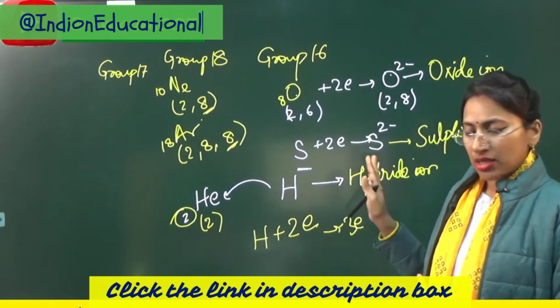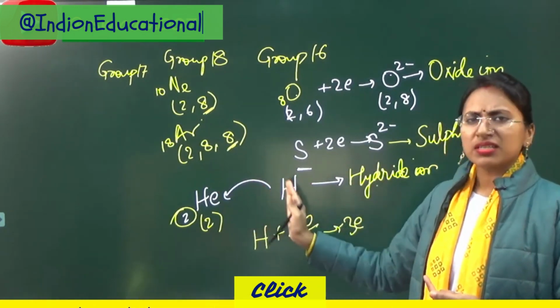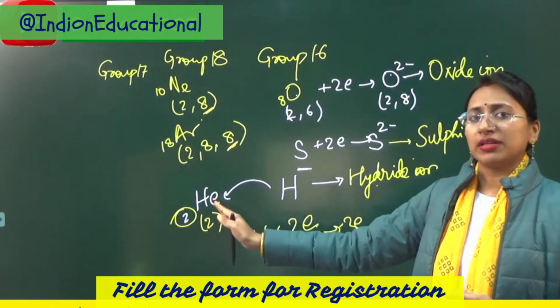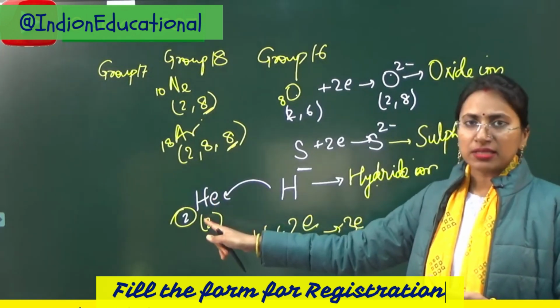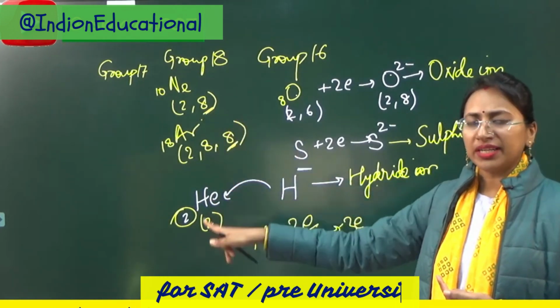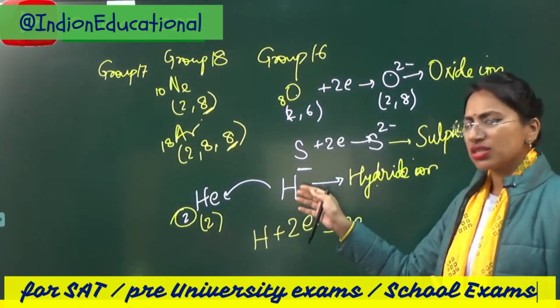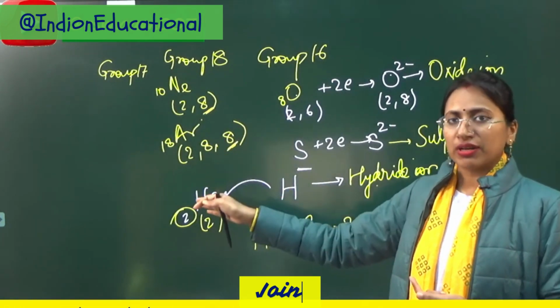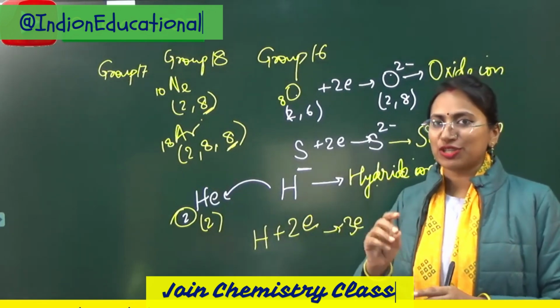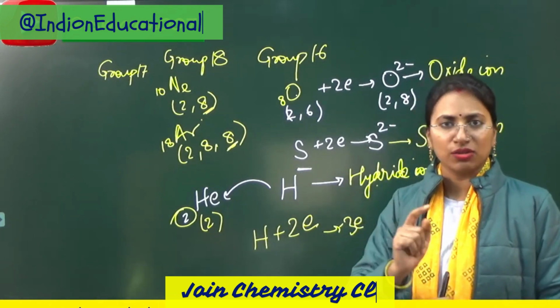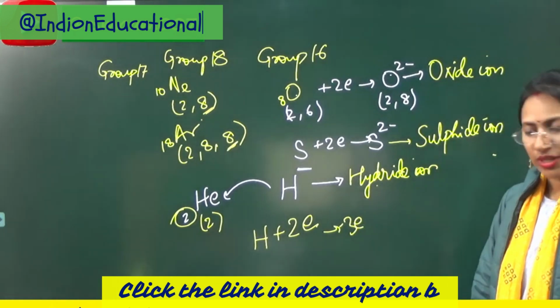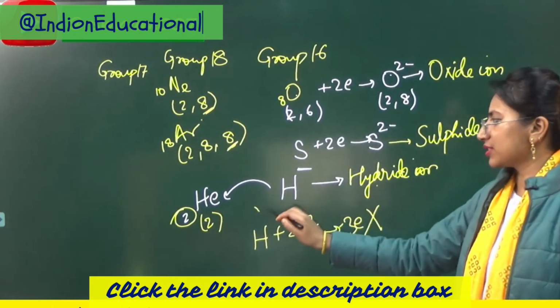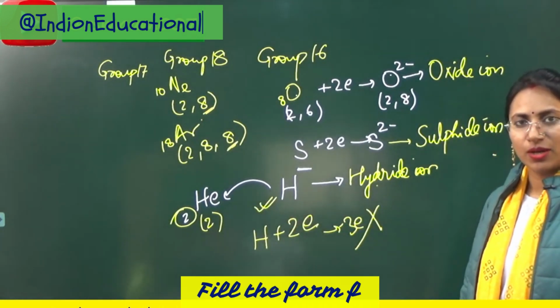So the driving force is the nearest noble gas, which already has a stable electronic configuration. The element just tries to attain the electronic configuration of its nearest noble gas. So this is not formed. This will be formed.